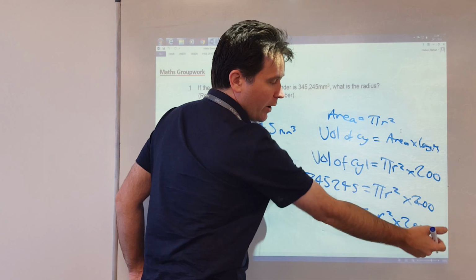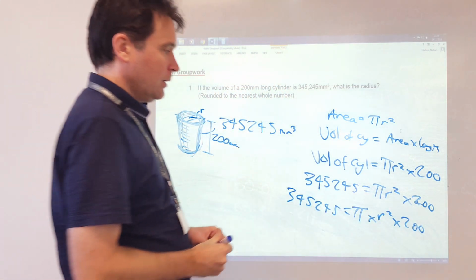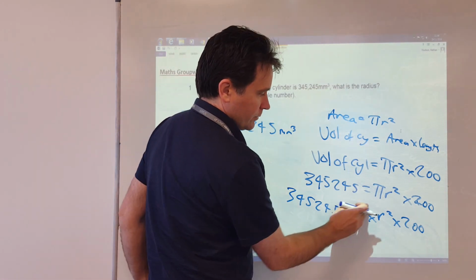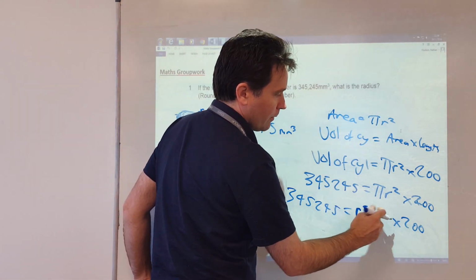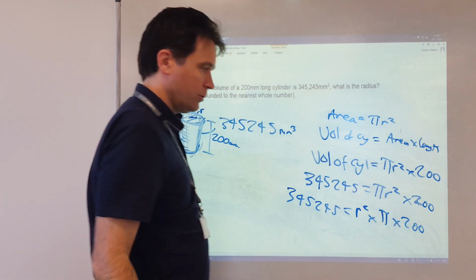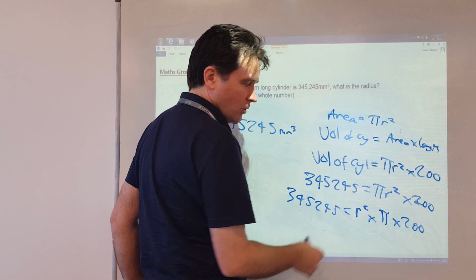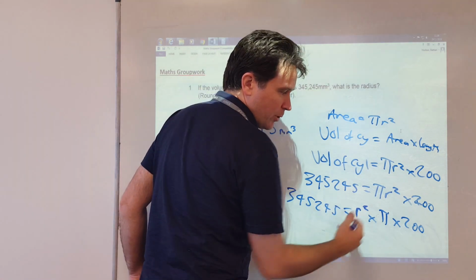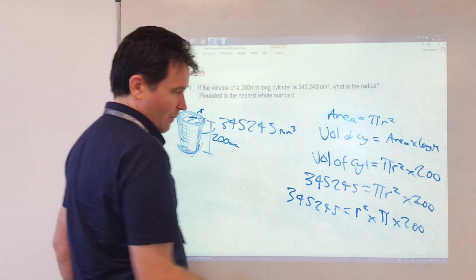It doesn't matter the way around because they're all being timesed. Consequently, we could write it r squared times pi times 200. It doesn't matter, but you have to have some mathematical knowledge or appreciation to appreciate that. Now that I've told you, you should know this.